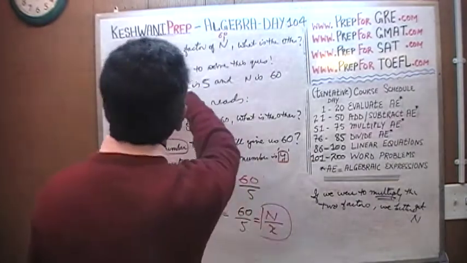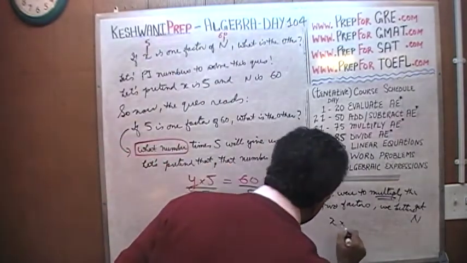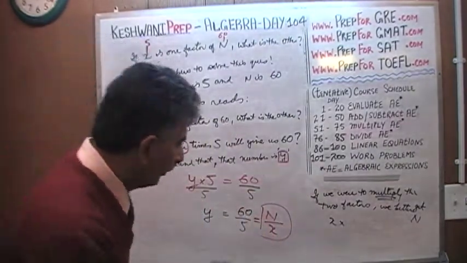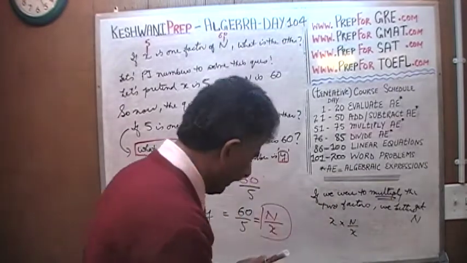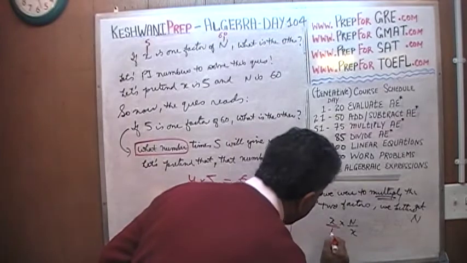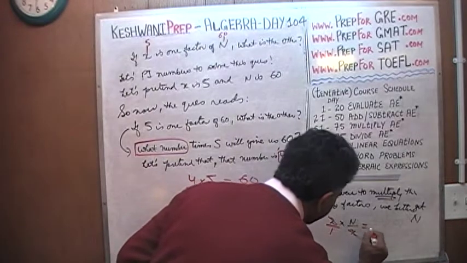In other words, x is one factor. The second factor that we found was n over x. If we multiply the two, what happens? This x is just x over 1, so the x cancels out and we get our n.